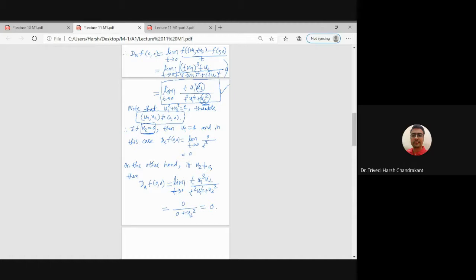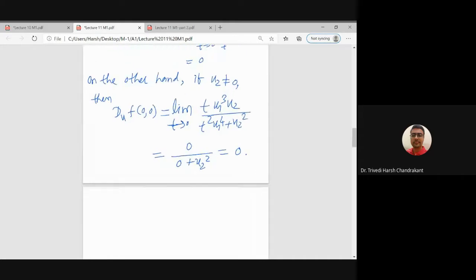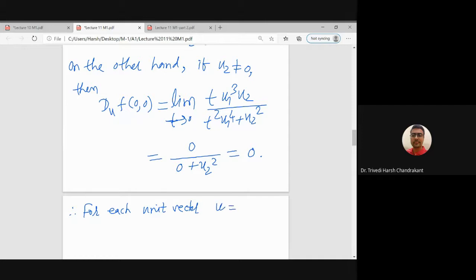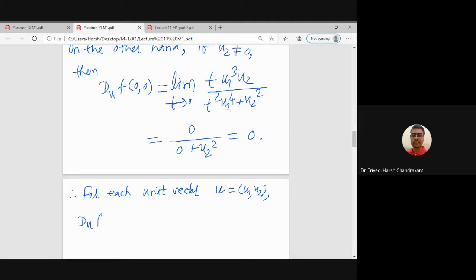So it is irrespective of the first coordinate, whatever it is, depending on the second coordinate, we have found the limit for every u1 comma u2, and the directional derivative turns out to be 0 in every case. Right. Let us write down these. So therefore, for each unit vector u equals u1 comma u2, the directional derivative of f at origin turns out to be 0.